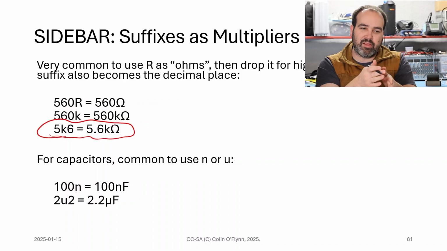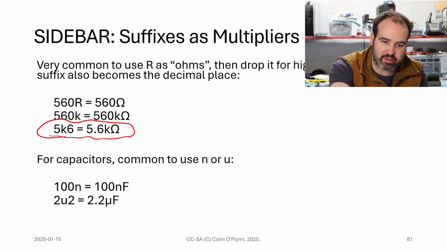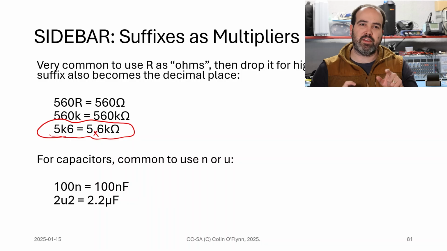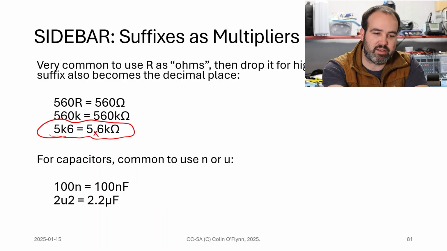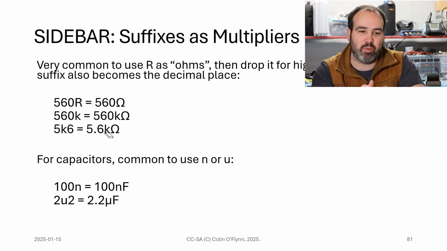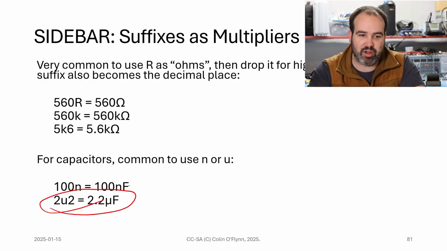The reason we do this is it's easier to drop a decimal point by accident if you're typing something in quickly. Typing 5K6 is a little more obvious when you look at a schematic or page, if you're zoomed out, that it's supposed to be 5.6K. So I use that notation a lot. Not everyone does. Same thing with capacitors and stuff like that, but you may run across this.